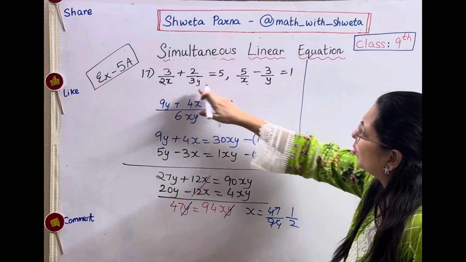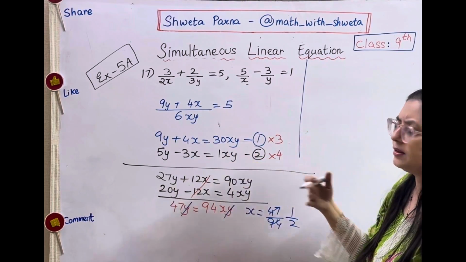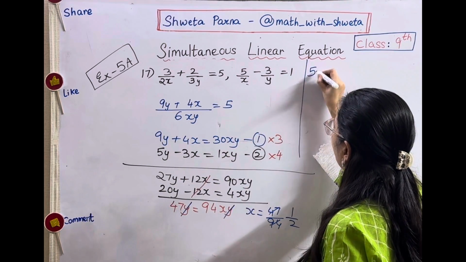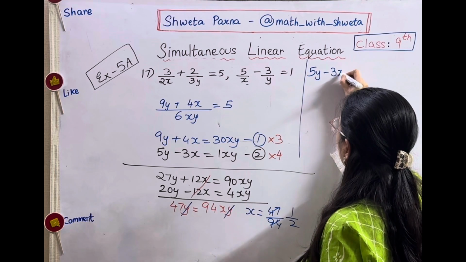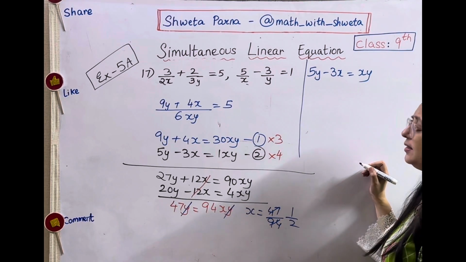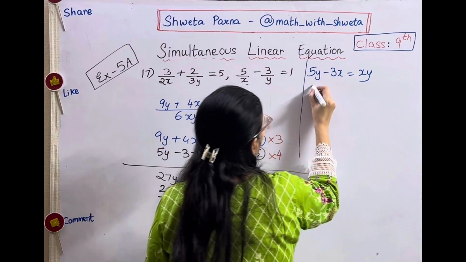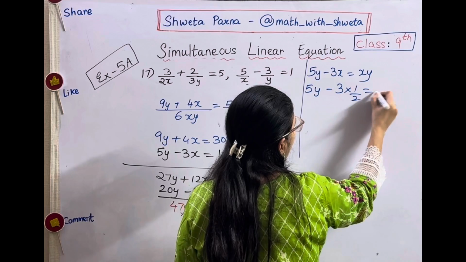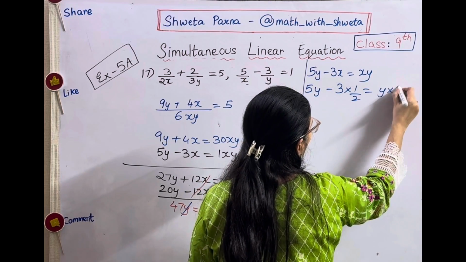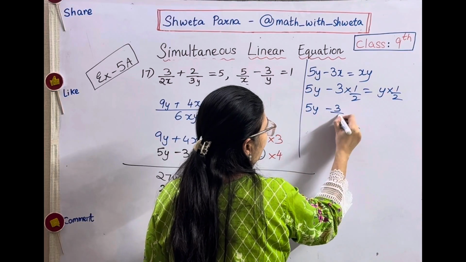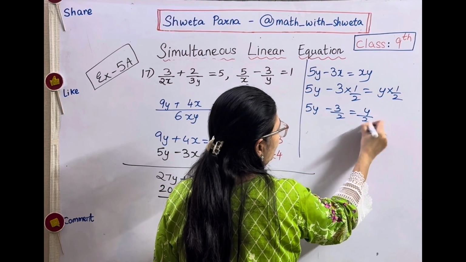Any equation, whether you want to take this or this, it's your wish. I will prefer taking the smaller one. So 5y minus 3x is equal to xy. Value of x is half. So 5y minus 3 into half is equal to y into half. So this will become 5y minus 3 by 2 is equal to y by 2.